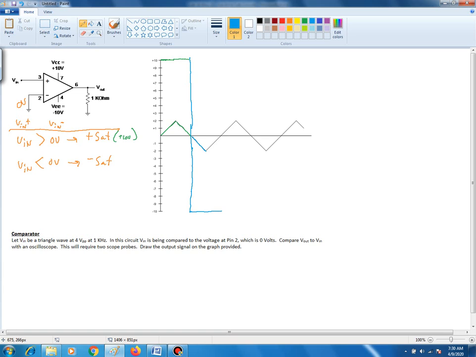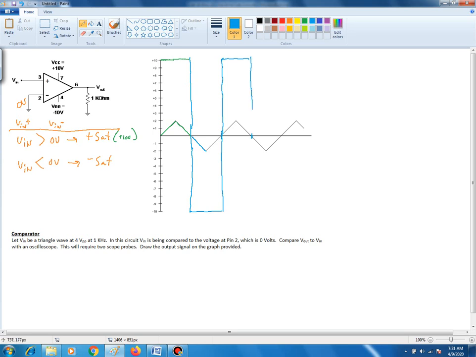Well, until your Vn goes above 0 volts, which will happen right there again. And at that point, your output will go to positive saturation, and therefore will stay there until, again, the question is when? Well, when it crosses 0 volts again.